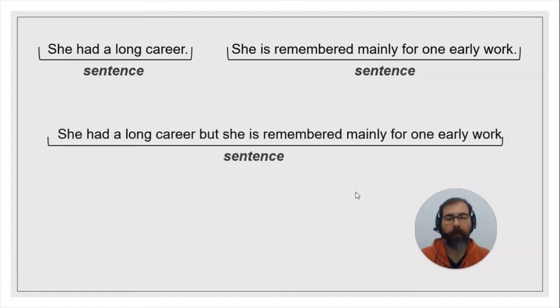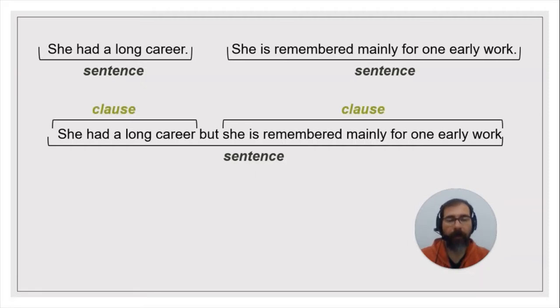Now, let's put these two sentences into one big sentence. She had a long career, but she is remembered mainly for one early work. Again, this is a sentence because it has a main verb, it makes complete sense by itself, and it starts with a capital letter. But what forms this sentence?